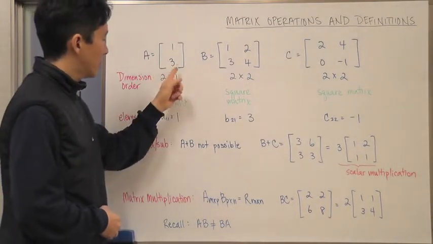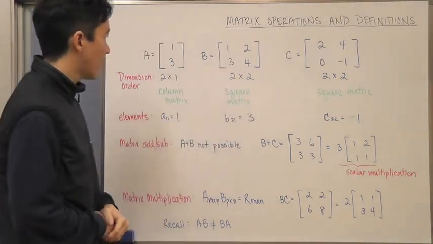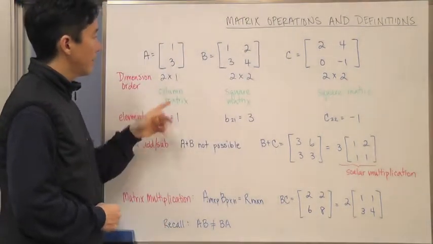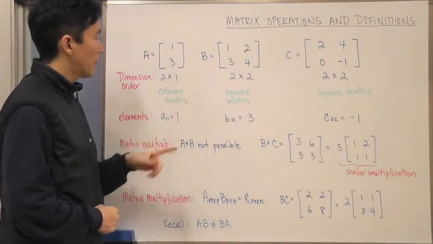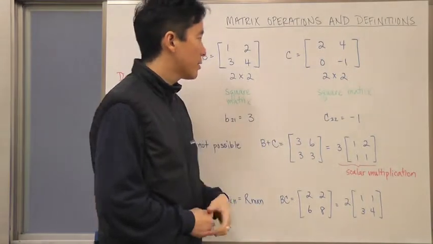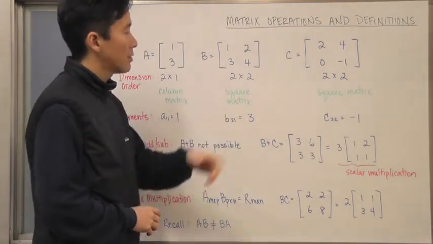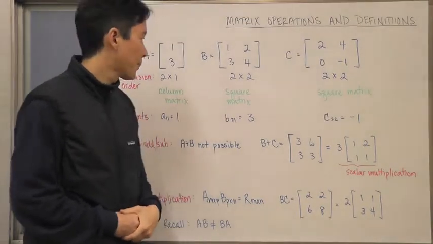So there's 2 rows, 1 column, 2 rows, 2 columns, and 2 rows and 2 columns there. Since this one only has 1 column, we can call this a column matrix. Both of these here will be square matrices because the dimensions for the rows and columns are the same.